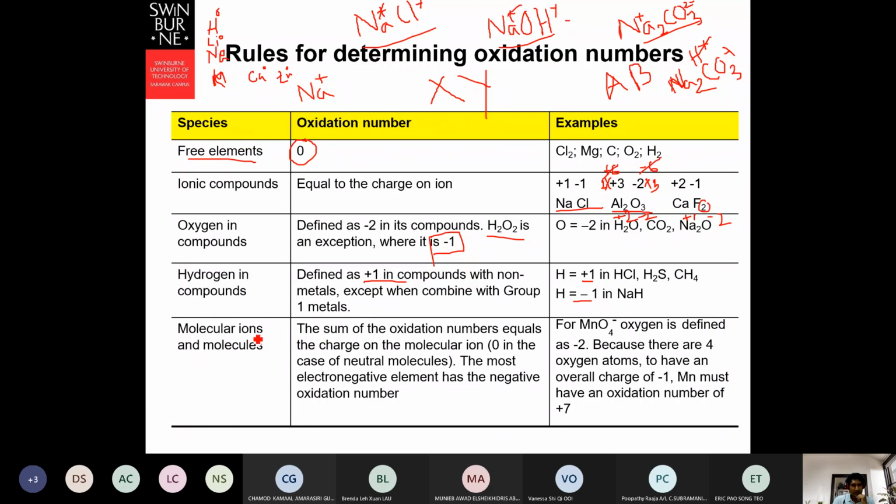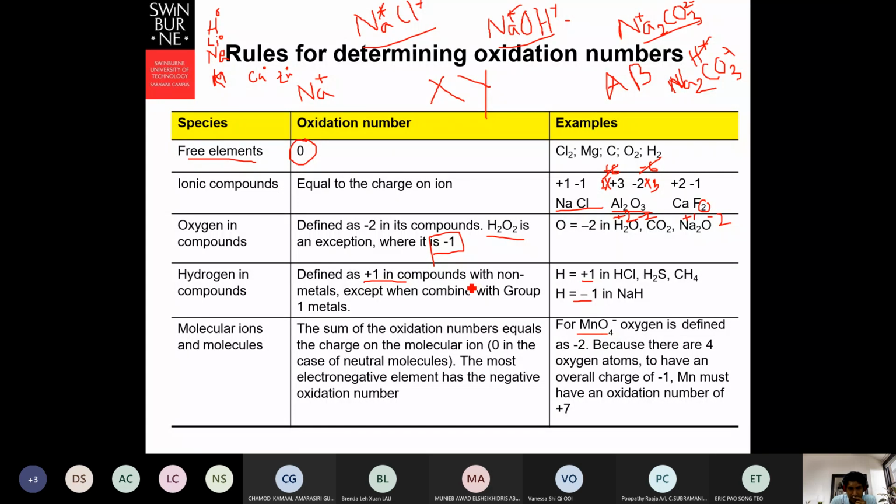Molecular ions and molecules. The sum of oxidation numbers is equal to 0 for any molecule, and that is how they become neutral. One example is permanganate, MnO4, and oxygen is -2 because it is not H2O2, so it should be -2.